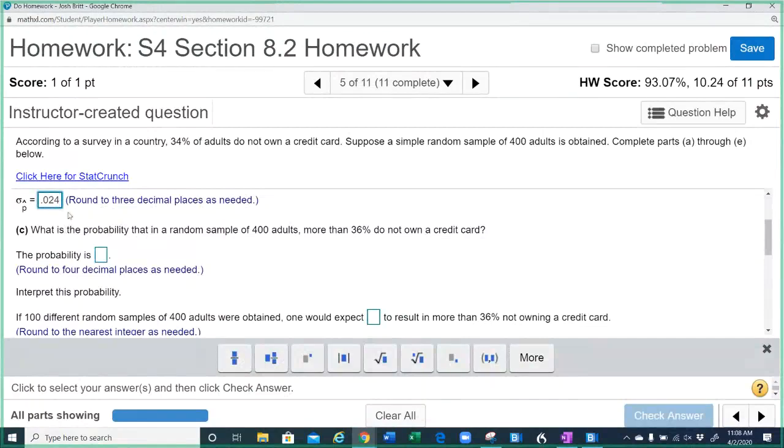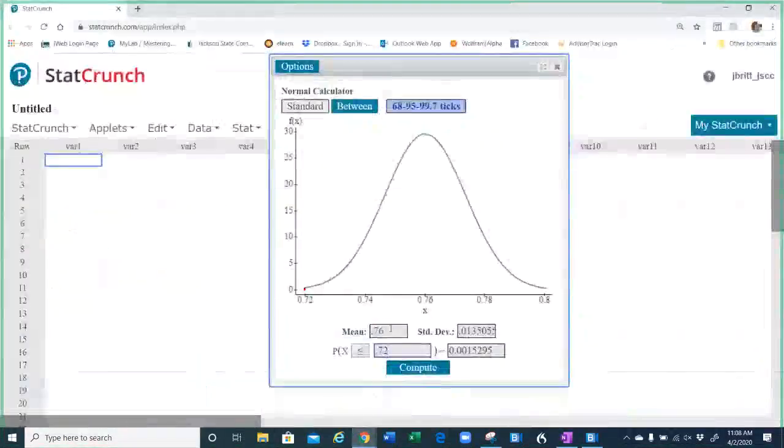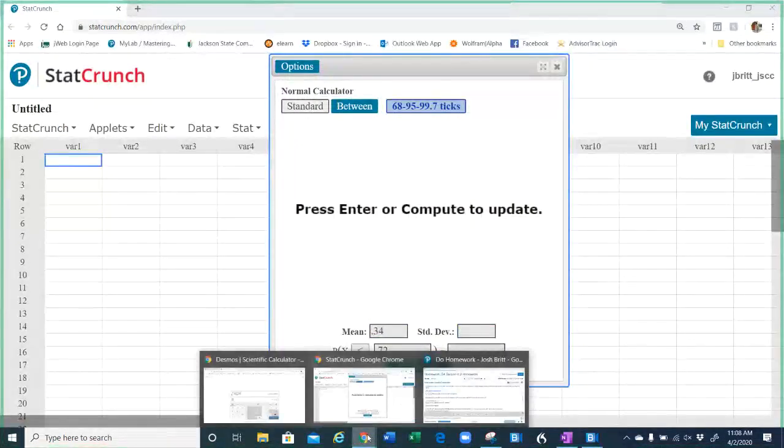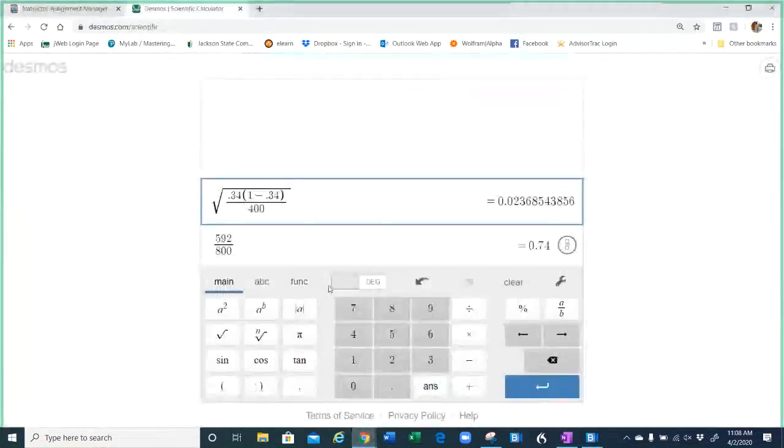So we take the mean and standard deviation and put it into the normal calculator. So the mean, 0.34, standard deviation. Here you want to go as many decimals as you can, or not as many, but quite a few. So let me jot this down: 0.023685.